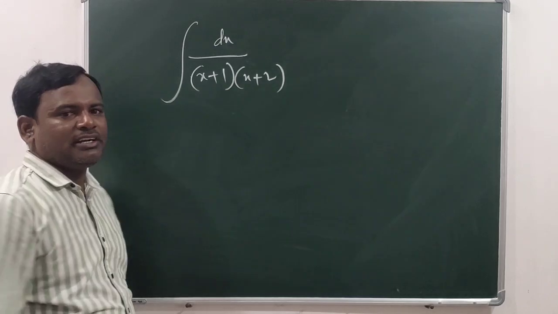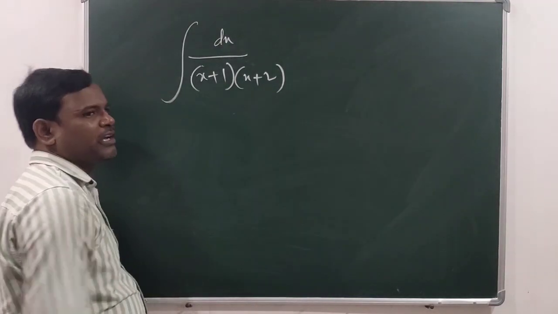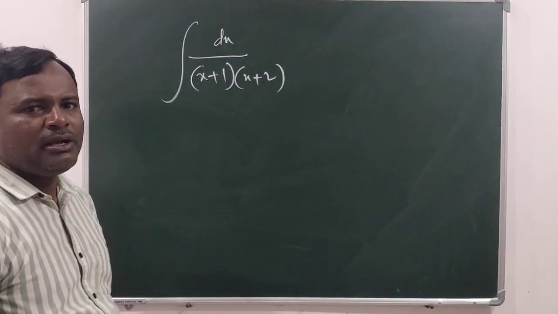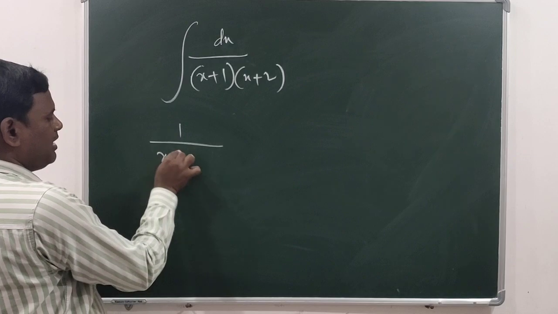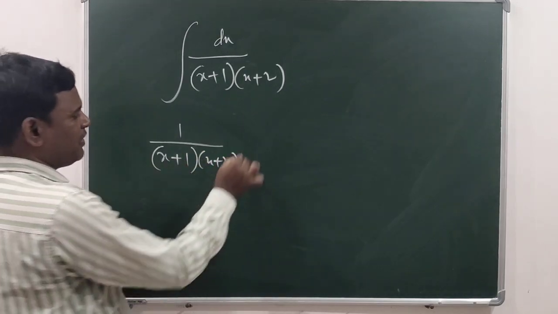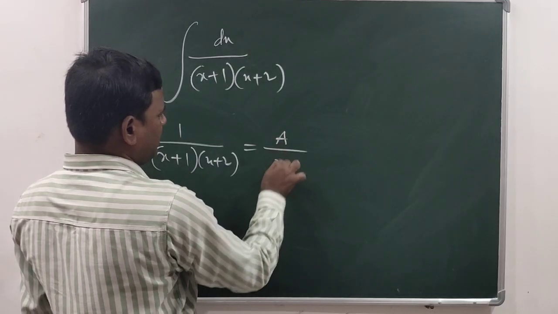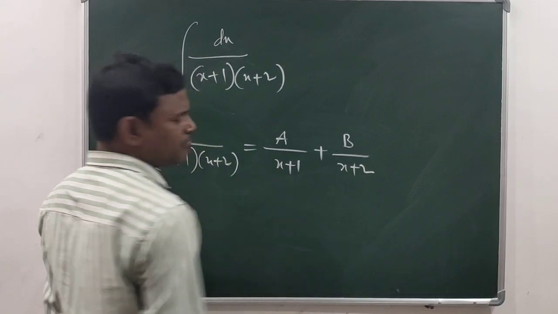So denominator contains two non-repeated linear factors. So in this type of applications, you would have to apply partial fractions. See, first split this rational fraction into partial fractions. So here a by x plus 1 plus b by x plus 2.